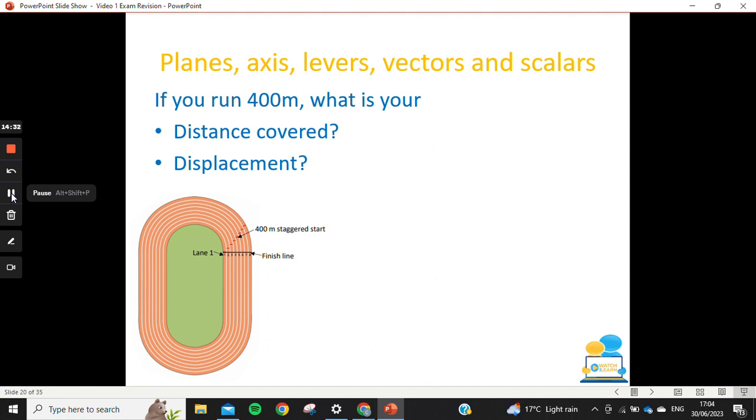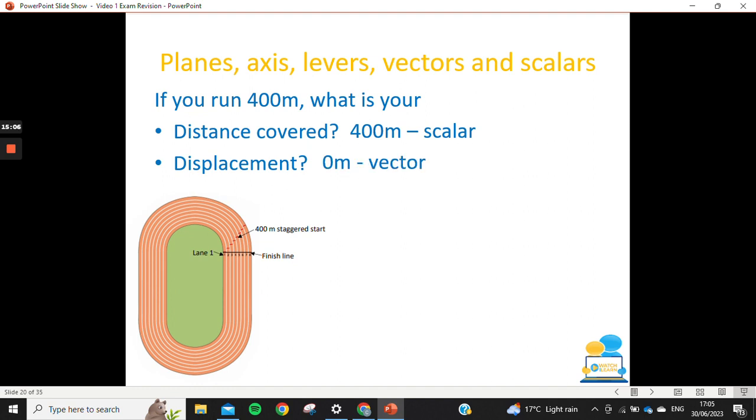I'll give 15 seconds or so. So the distance covered, if you run around in lane 1 from start to finish, is 400 meters, as distance is a scalar metric. A scalar means that it's relating to the magnitude or number only.